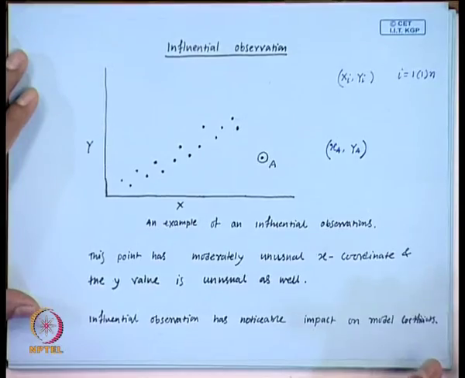Okay, so let me again tell what is leverage point and influential observation. So, a point is said to be a leverage point if it has an unusual x coordinate, but the point may lie on the general trend of the data.